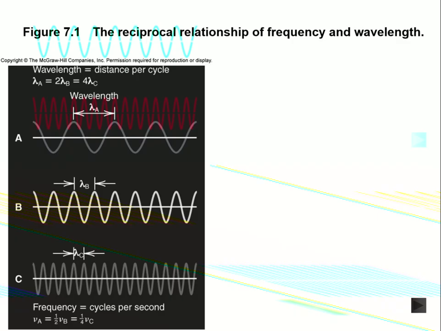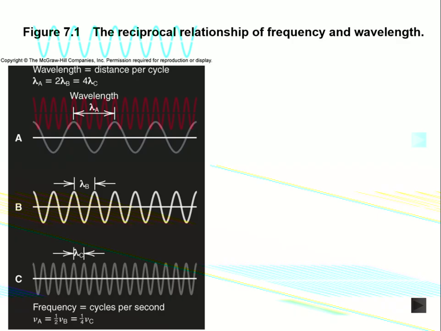So looking at the wave in graphical form, we see this here. We see three different waves, the red one, the yellow one, and the blue one. The red one has a long wavelength, the yellow one has a medium wavelength, and the blue one has a small wavelength. And since the speed of light is a constant, then as the wavelength goes up, the frequency must go down.